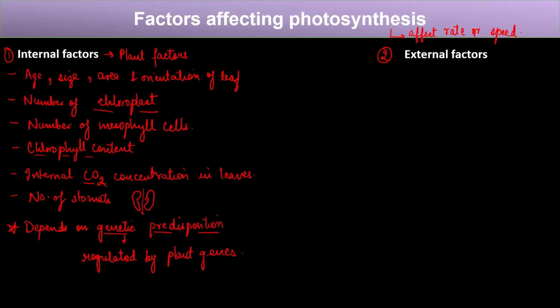Now, what are the external factors? External factors are also called extrinsic factors, that is, these things will be provided from outside. They do not depend on the genetic composition of the plant, but they depend on the environment. So external factors are governed by the environment, right?